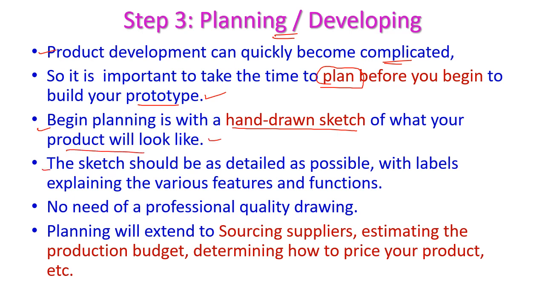And this sketch should be very detailed, with labels explaining various features and functions of that product. No need for a professional quality drawing because we are going to use it only for our planning purpose. And the planning will also extend to sourcing suppliers, estimating the production budget, determining how to price your product, and so on. So these are called planning and developing of the product.